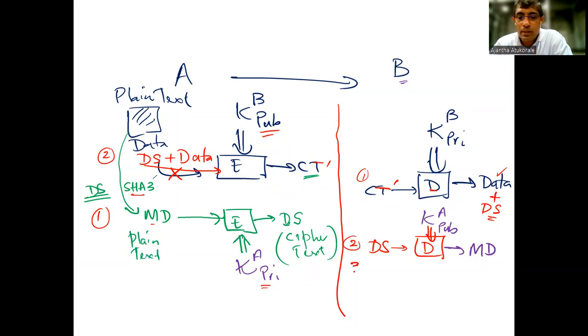The third step would be, now you have a number, but how can you say that it is exactly the same number? Now you have the data, so you repeat the work.